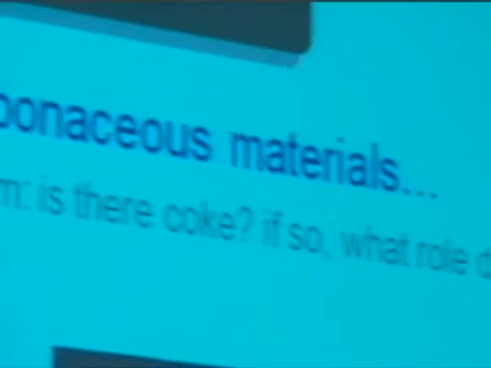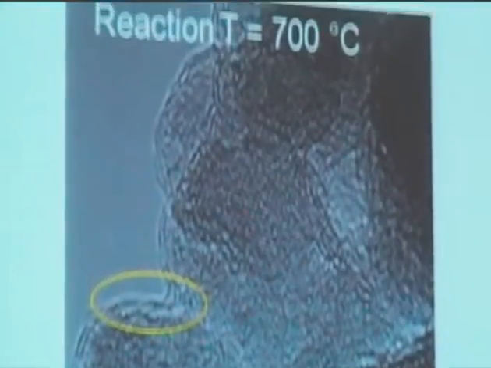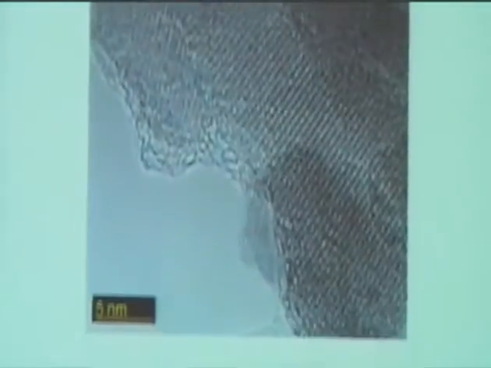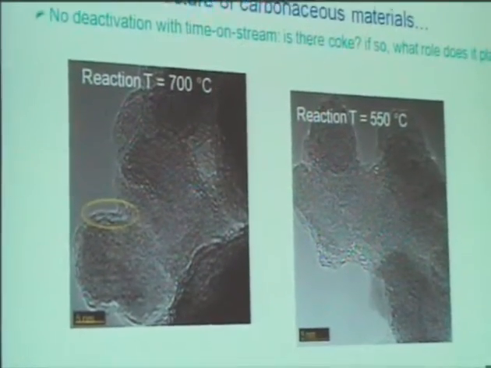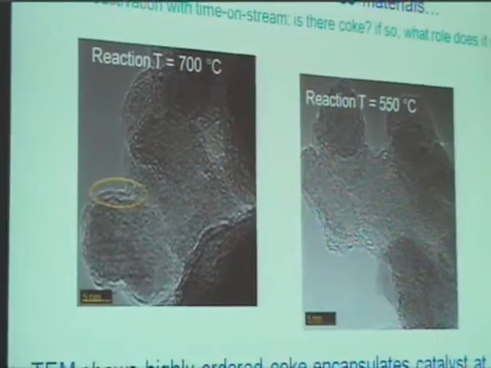And what we see in both cases is the presence of significant amounts of carbonaceous deposits on the catalysts. So at 550 degrees Celsius, we see areas of fairly graphitic, highly ordered coke, areas of more amorphous coke, if you like, and areas of the catalyst surface with no coke on it whatsoever.